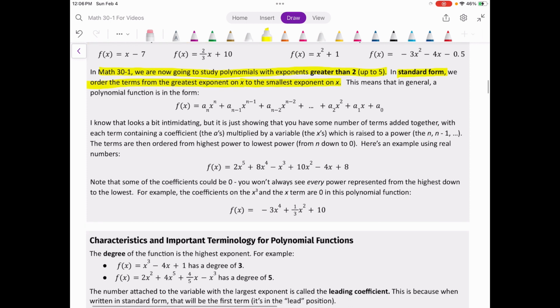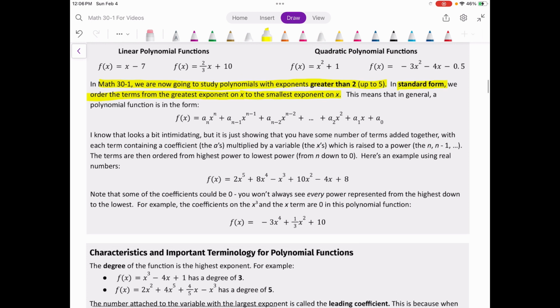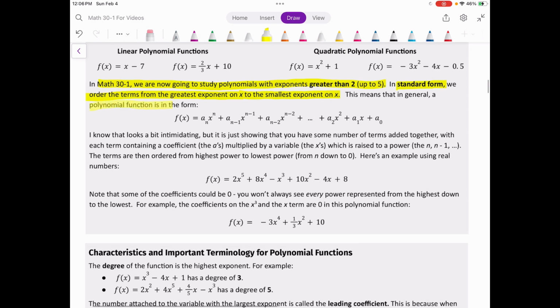So in general, this is going to look a little intimidating at first. I promise it's really not saying anything too scary, okay? A polynomial function in standard form, we write it like this, okay? This is just a very general way to write a polynomial. All it's showing us is, look, here's a term, plus another term, plus another term, plus another term, however many terms we have in between, up until the last term, our constant term, okay?